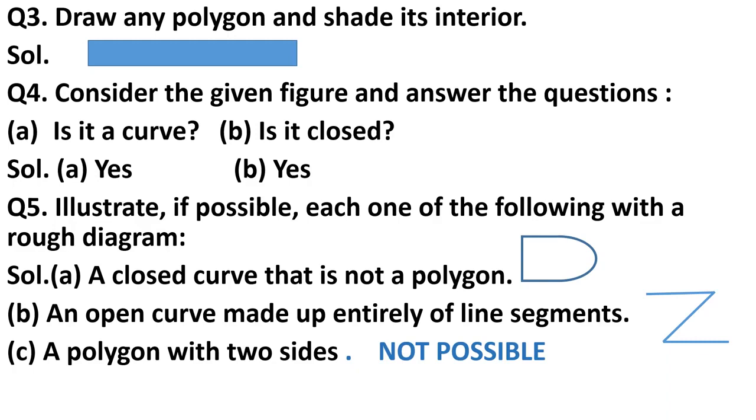And for a polygon, the figure must be closed, a simple closed curve made entirely of line segments. So for a polygon we want a closed curve, and with two sides we cannot make any closed figure. So it is impossible to make a polygon with two sides.